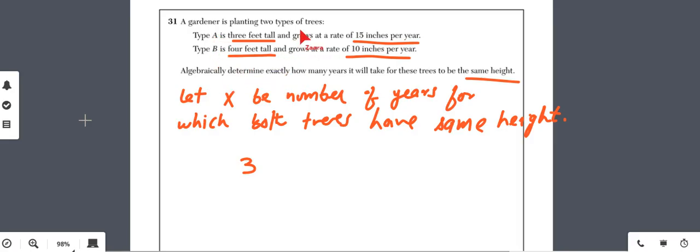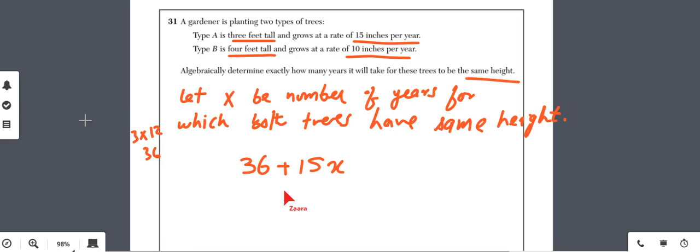So I think it would be good if we convert feet into inches, so that the whole equation will be in the same measurement. That is the best method. When we convert 3 feet into inches, we multiply 3 by 12, which is 36. So 36 inches plus 15 inches each year.